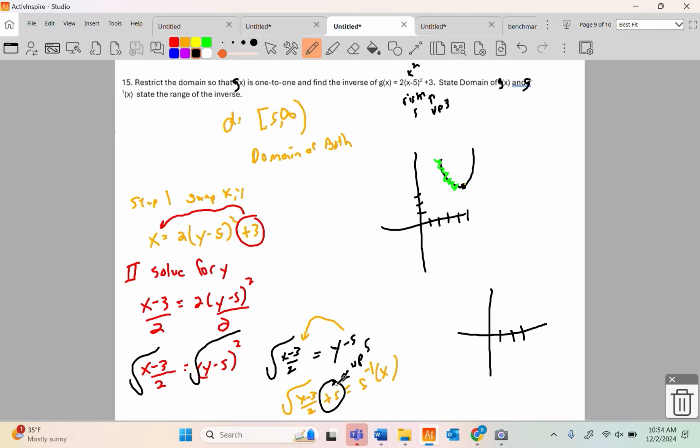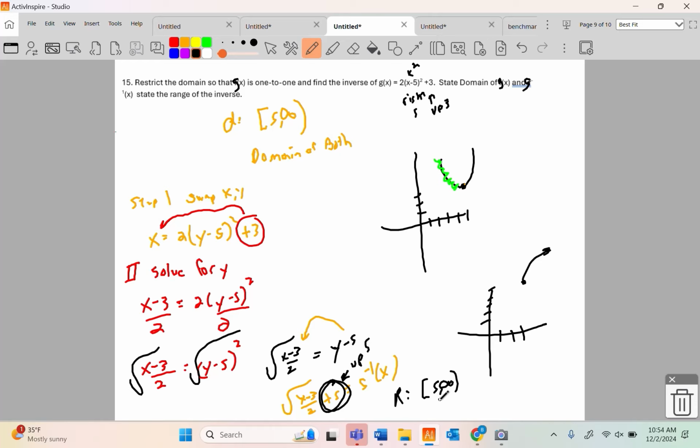But anyways, it's going to go right 3, and the most important thing is it's going to go up 5. And then it's going to be the arm again. But this plus 5 is always your range. Your range is 5 to infinity. That's how that works on square root functions.